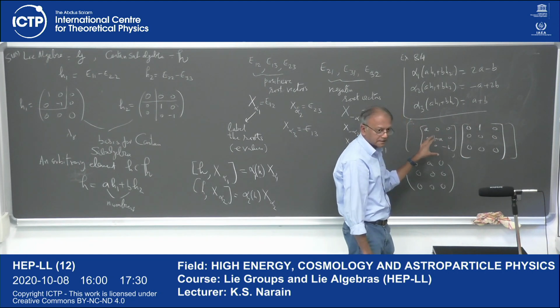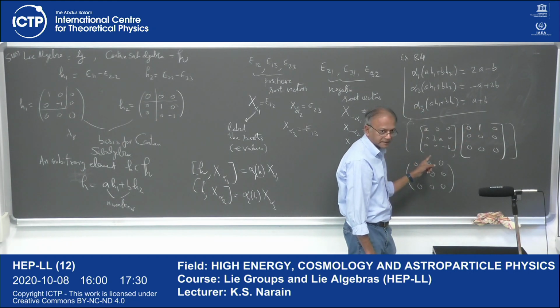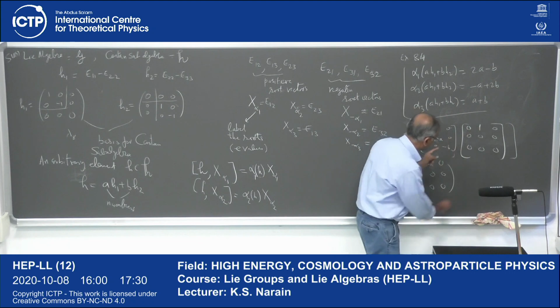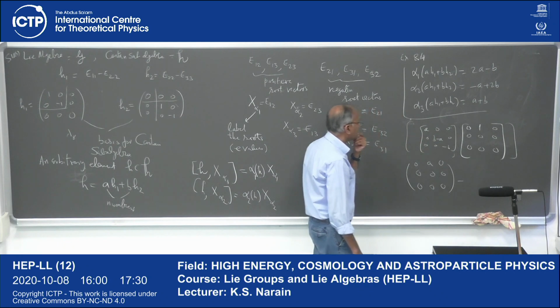This comes here. So that means I have to take the row here and multiply to the columns here, right? So there's a minus sign, because commutator means there's a minus sign. If you multiply here, this gives you 0, 0, B minus A, and the rest is 0.